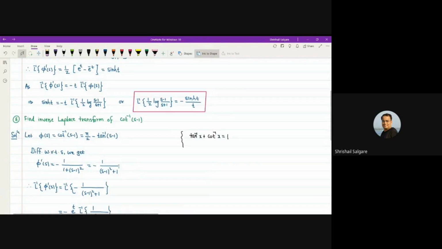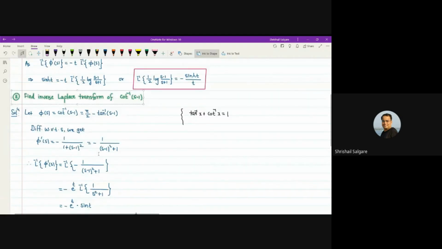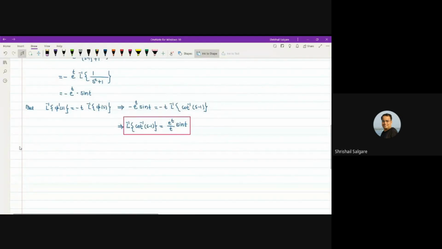Now, one example you can try. I will copy this one as it is. Control C, Control V. And suppose this is the next example, sixth one. I will give 2 minutes. Parallel steps you have to follow. Sixth one, you have to complete here only, what I wrote, called homework. Suppose this is s plus 1. What is the answer? Take 2 minutes.